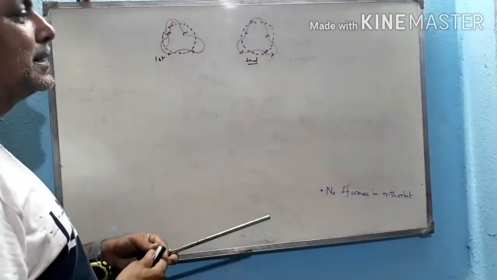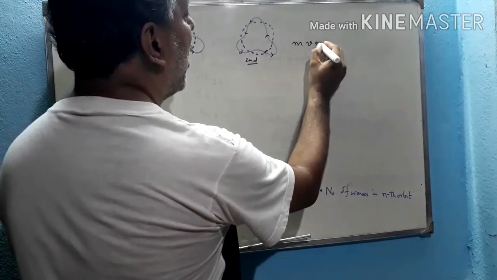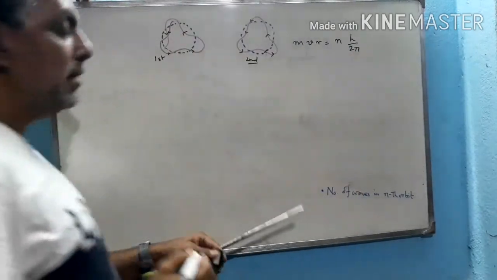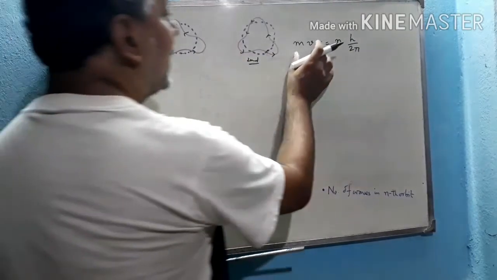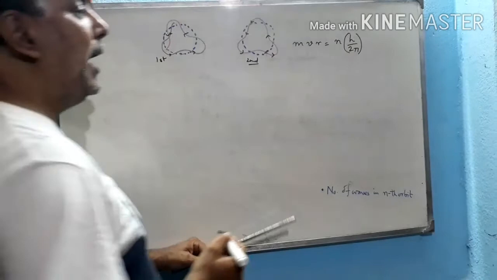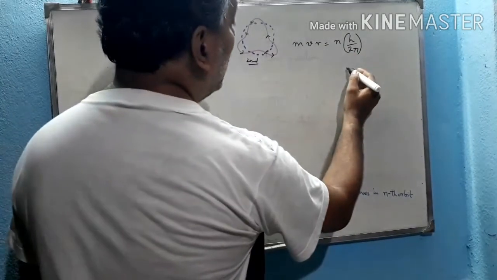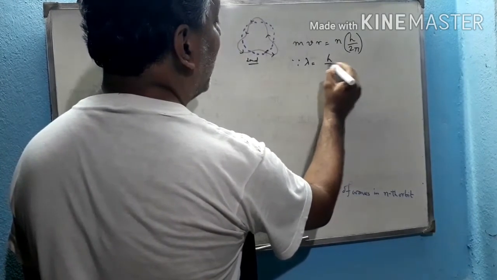So in this case, we know that according to Bohr's theory, mvr equals n into h by 2 pi. This is the equation of the quantized orbit. The angular momentum of that electron equals the principal quantum number n into an integral multiple of h by 2 pi. Now we know that lambda equals h by mv.